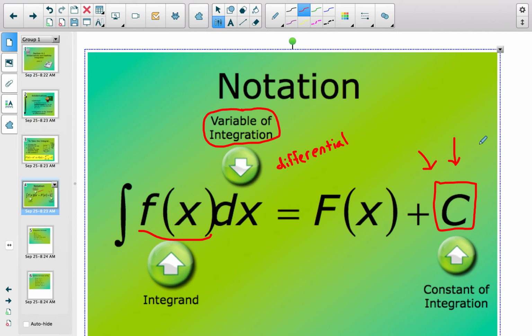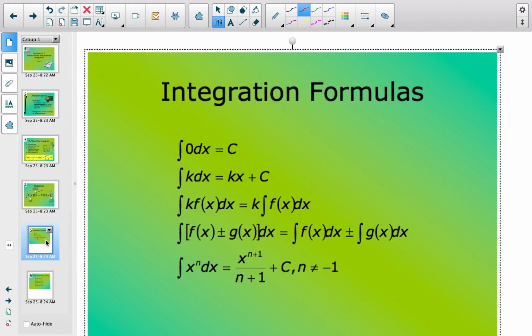The next thing is a couple of common integration formulas. The antiderivative of 0 is just a constant. And that makes sense because when you take the derivative of a constant c, you just get back 0.